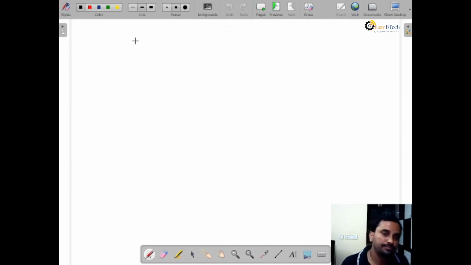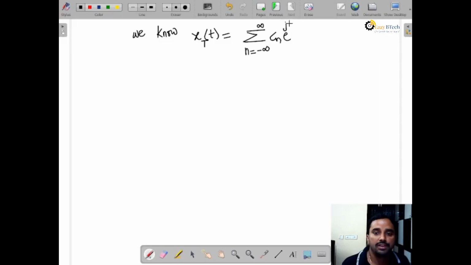So we know the periodic signal xT of t is equal to summation n minus infinity to plus infinity Cn e to the power j n omega naught t, right? As T goes to infinity, as T tends to infinity, this periodic signal will become an aperiodic signal.